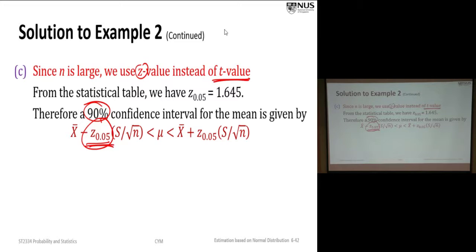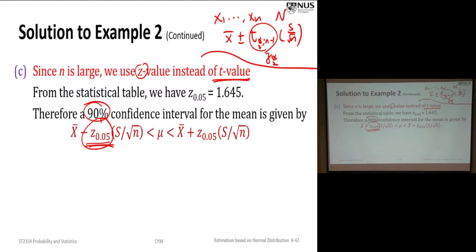That means if x1 up to xn is normally distributed, then we are supposed to use this as my confidence interval, t alpha over 2, n minus 1, times s over root n. If the sample size is big, I replace this by z alpha over 2. All right, but even if we don't have this part, we still use this formula to some extent, or in fact, the correct one should be something like this.